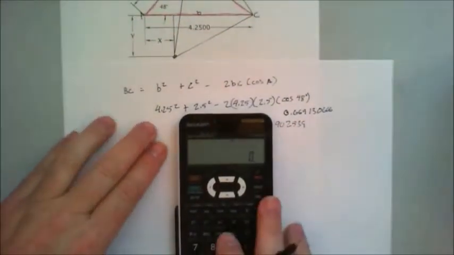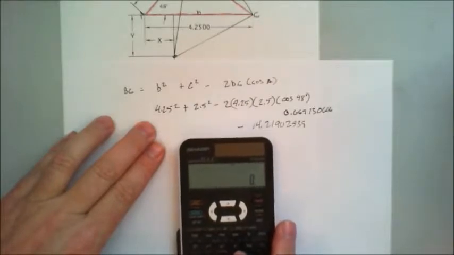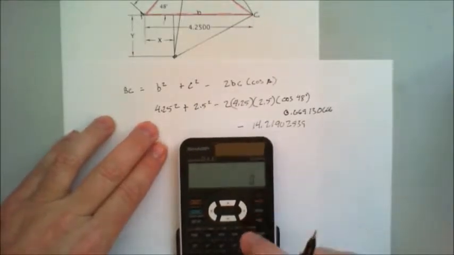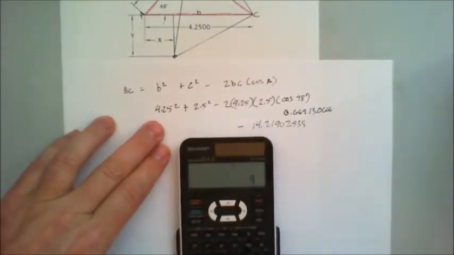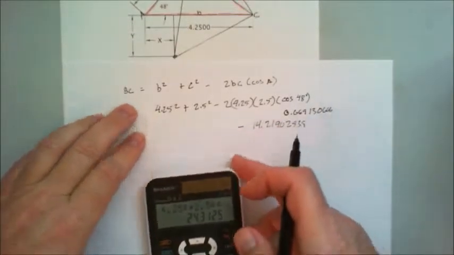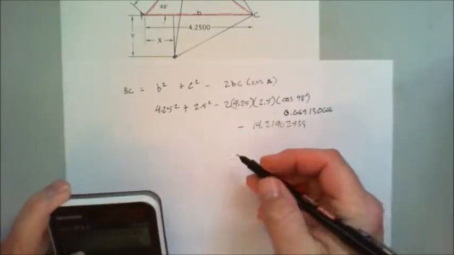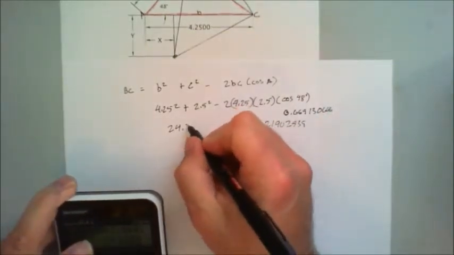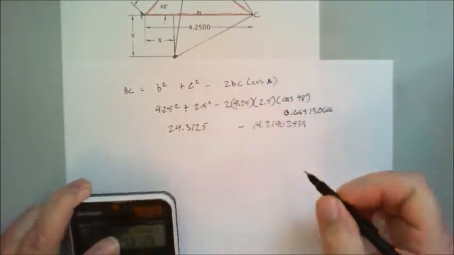Move this up so we can all see a little better here. 4.25 squared plus 2.5 squared equals 4.3125.